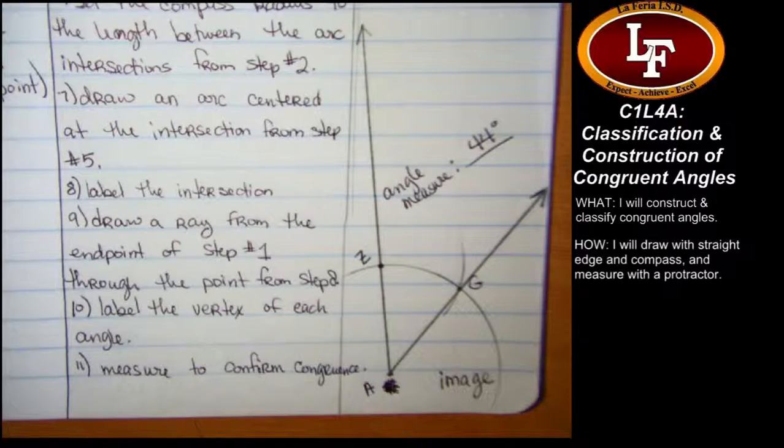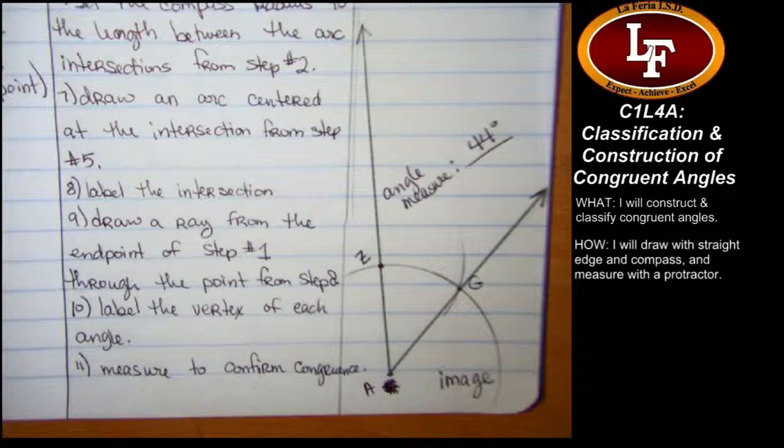All right. On your homework assignment, you have the front, really simple. Use your protractor to measure and classify. And the back, you will need to do 2 constructions. They must be perfect. These angle measures, ladies and gentlemen, must be exactly the same. They must be congruent.